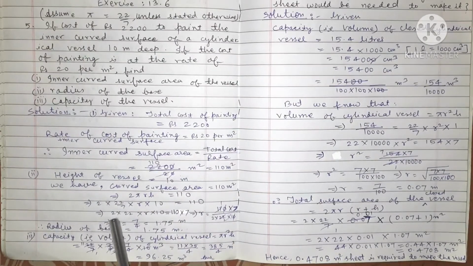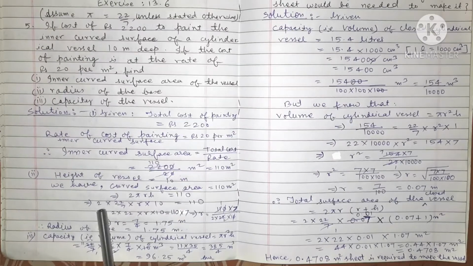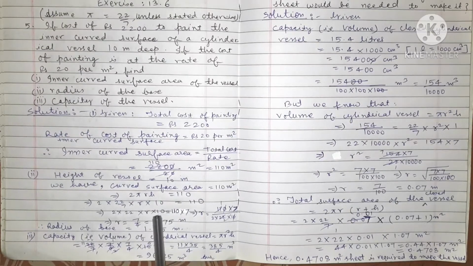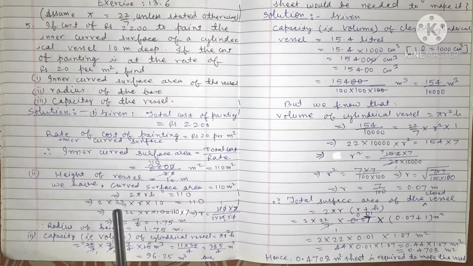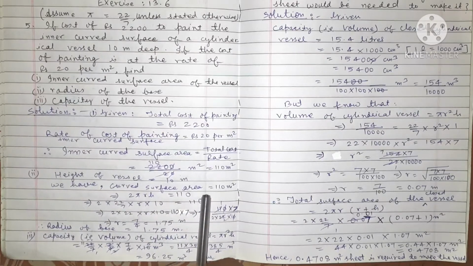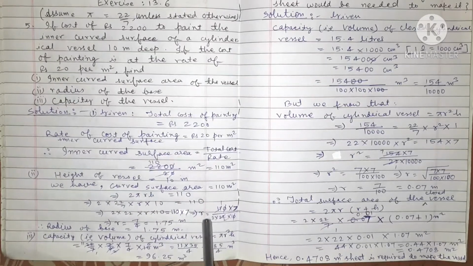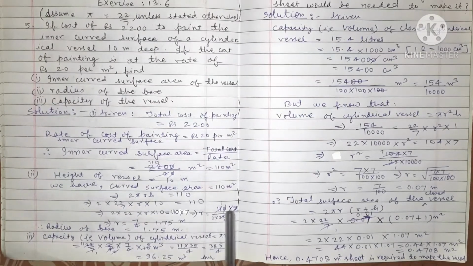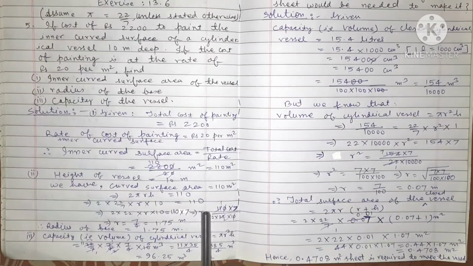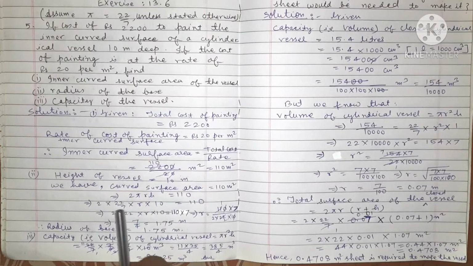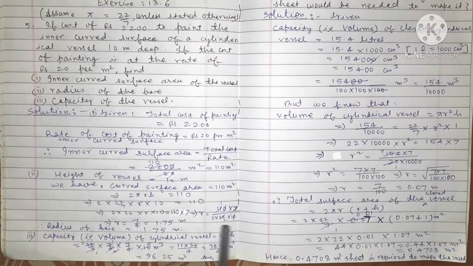By cross multiplication, we get 2 into 22 into r into 10 is equal to 110 into 7. This implies that r equals 110 into 7 divided by 2 into 22 into 10.